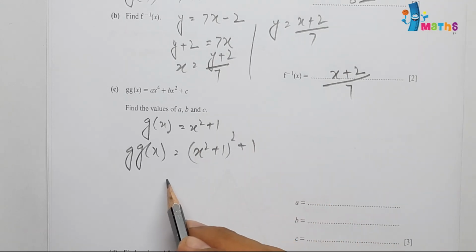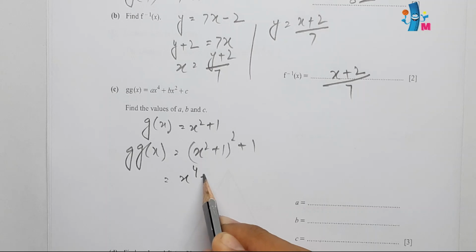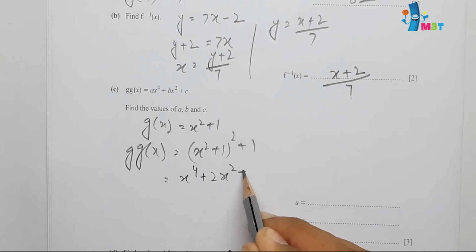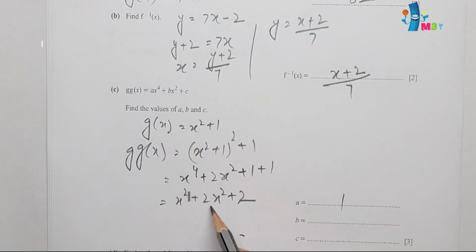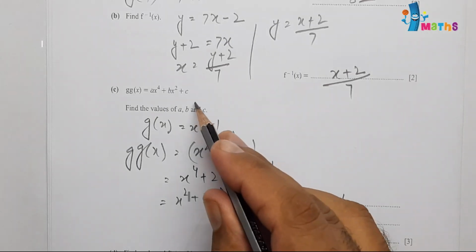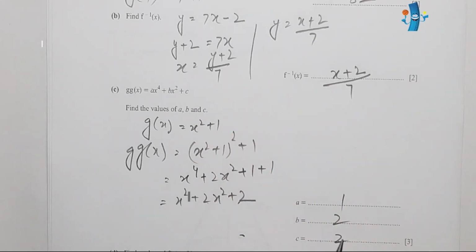Now we can open the square of this: x to the power 4 plus 2x squared plus 1 plus 1. So this will be x to the power 4 plus 2x squared plus 2. So if we compare with the given equation, the a value will be 1, the b value will be 2, and the c value will also be 2.